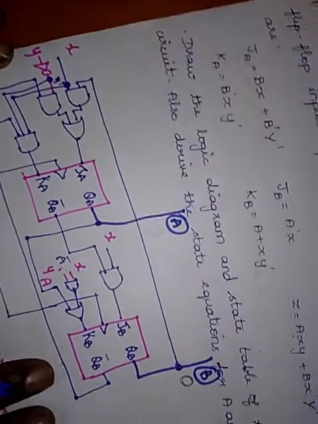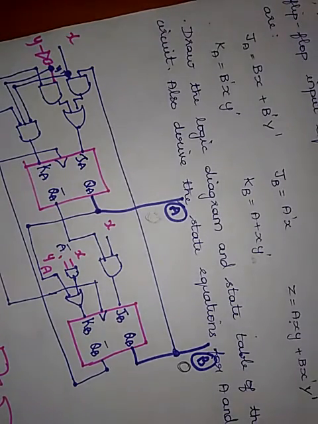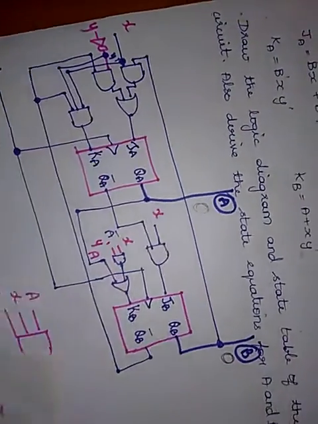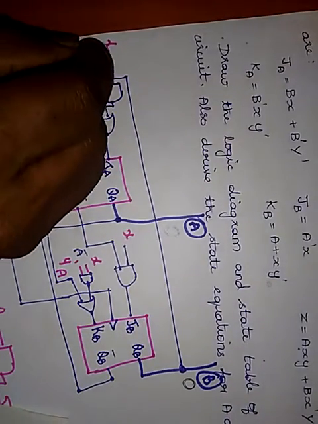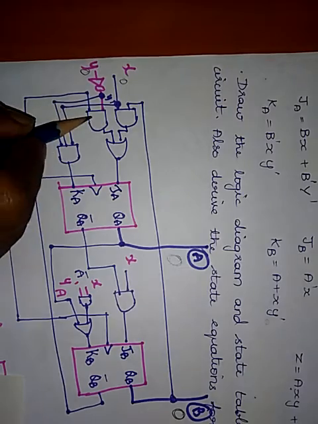Okay. Now how to analyze? We have assumed the present state for AB as 0, 0. Now XY also we have assumed, that means we have to fill up that complete table. So I am analyzing only the first case. So this will be 0, 0. This is 0, here also 0. So what will happen?